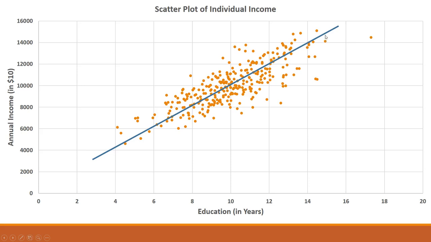Our model says that they should have an income around $150,000 a year. But we've got a data point here that says they've got 15 years of schooling and $140,000 a year in income. So there's some difference between our model and the data point, and that's the error term. That's accounting for all the other factors that might affect income.